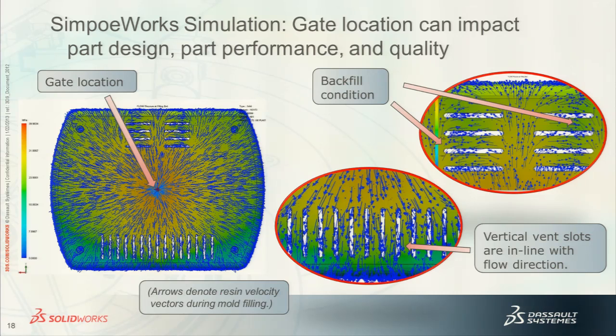You want to try to avoid that because it will create severe knit lines in a vent area like this. So just your part geometry and your features can impact good flow of your part with the gate located in the center there.